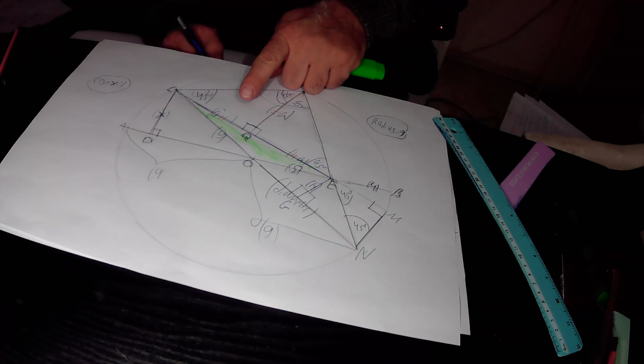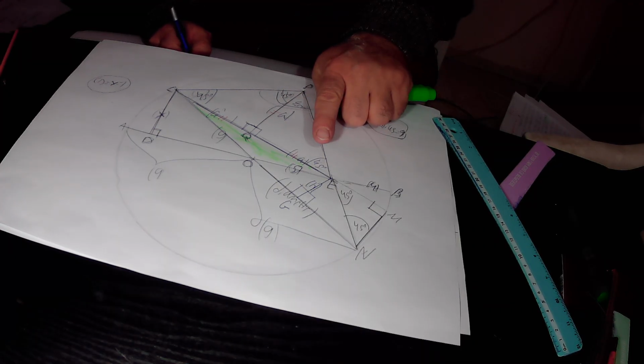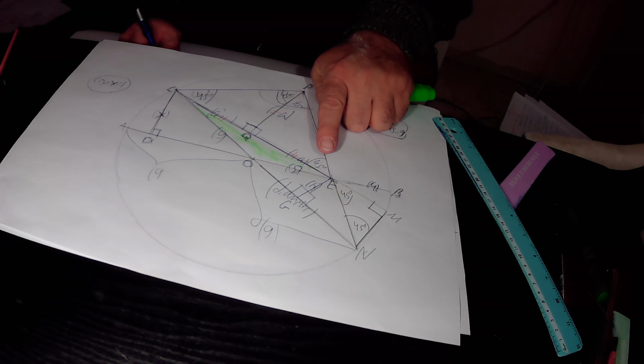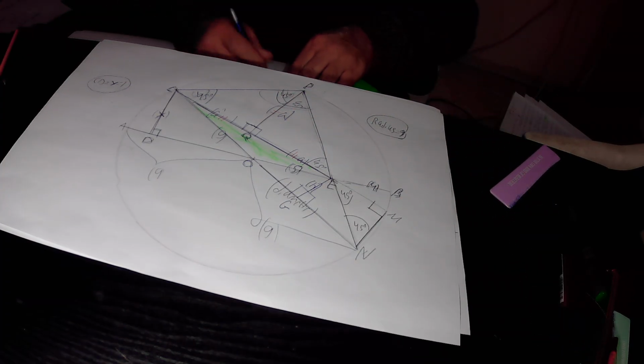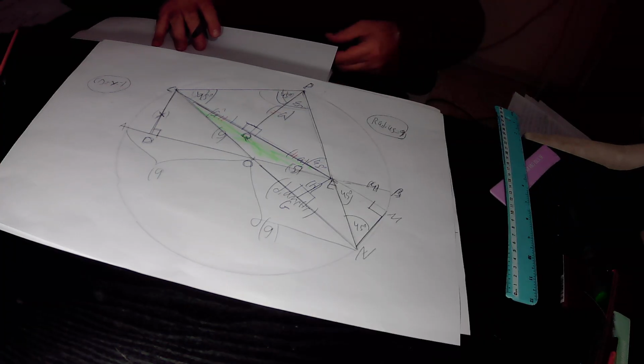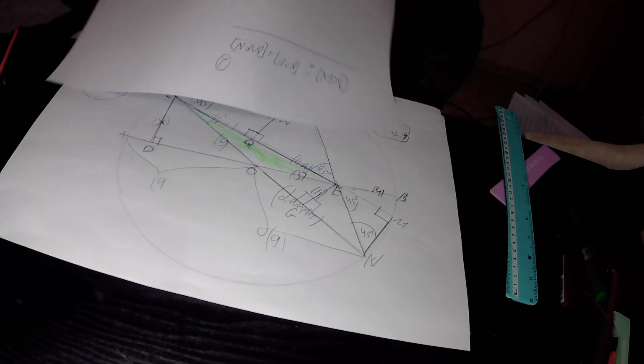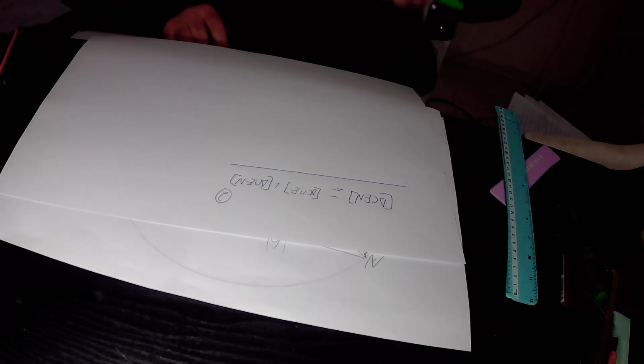So the first component is the green triangle COE, plus the area of the second component, triangle OEN. So in conclusion, the area of the big triangle CEN equals the area of the green triangle COE plus the area of the lower triangle OEN.